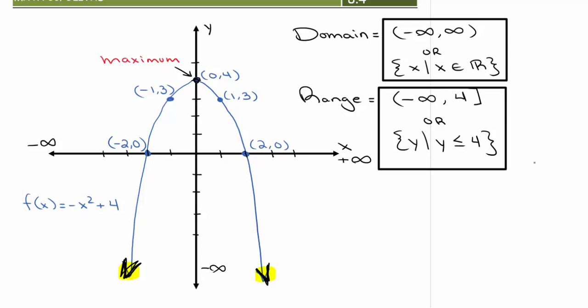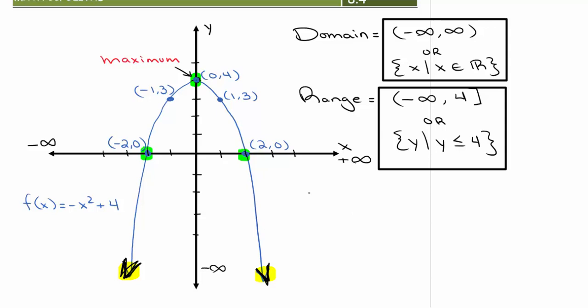Alright, next. It's asking us to find the intercepts. The intercepts are going to be all of the points that cross either the y-axis or the x-axis. So I'm going to be a little bit more specific than just listing off the intercepts.